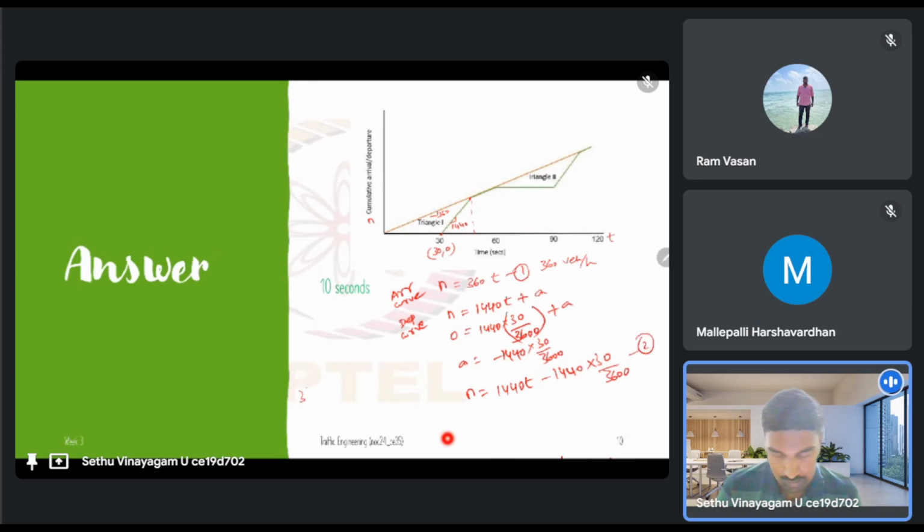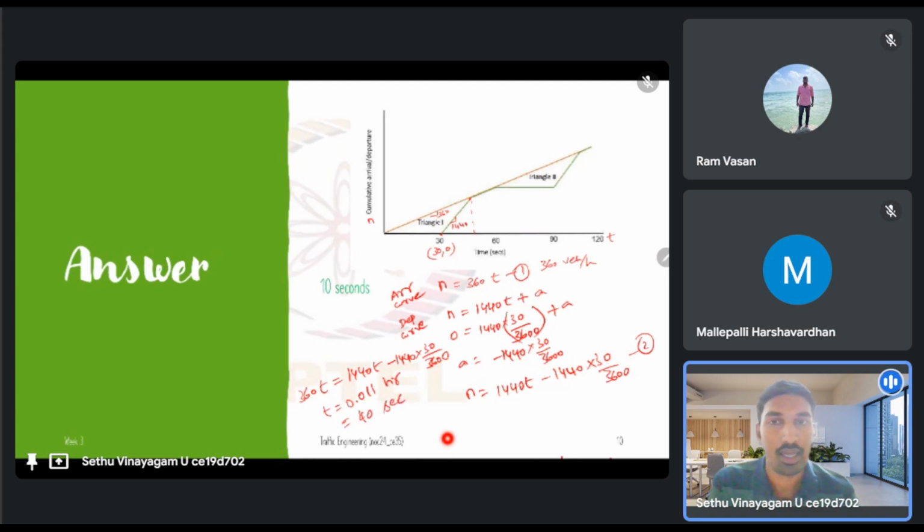So 360t is equal to 1440t minus 1440 into 30 by 3600. If you solve this, you will find that t comes out to be 0.011. This is in hours, which is equal to 40 seconds, right?